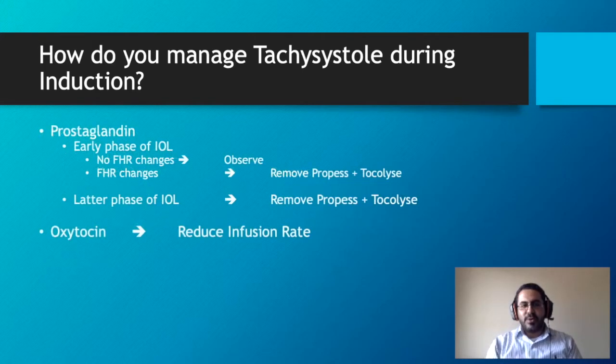So what about oxytocin? If you start hyperstimulating with oxytocin, the advantage of oxytocin over prostaglandins is that it has a much shorter half-life. So you can start off by actually reducing the syntocinon rate. If you're going into tachysystole with oxytocin, you can reduce the rate, and that generally tends to quieten things down.